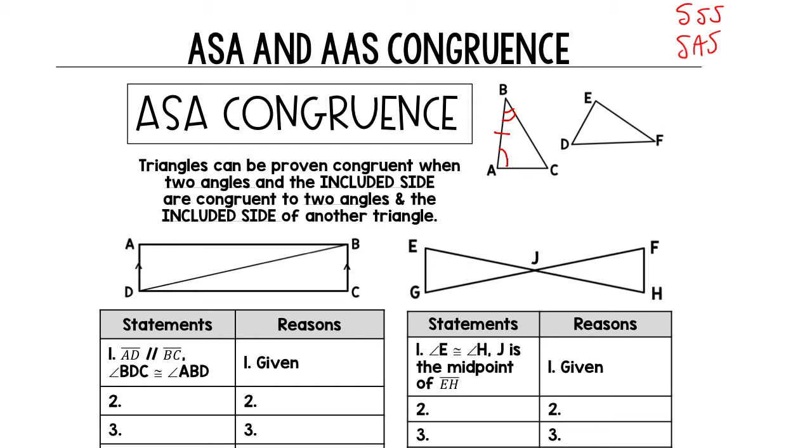So angle A would be congruent to angle E. Angle B is congruent to angle F. And side AB is congruent to side EF. If those three things happen, angle, side in the middle, angle, then we can say that triangle ABC is congruent to triangle EFD.